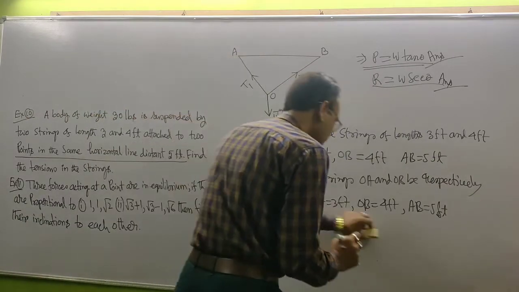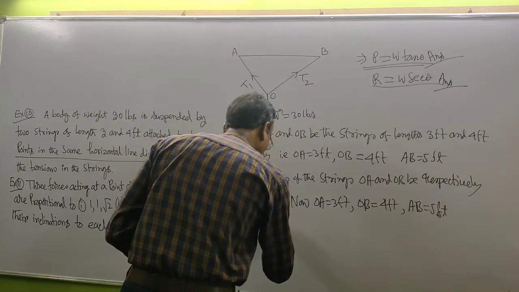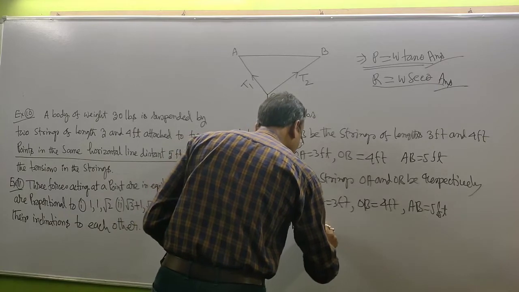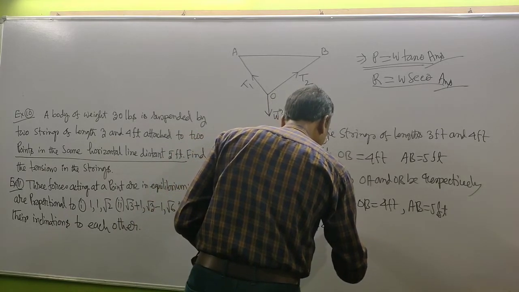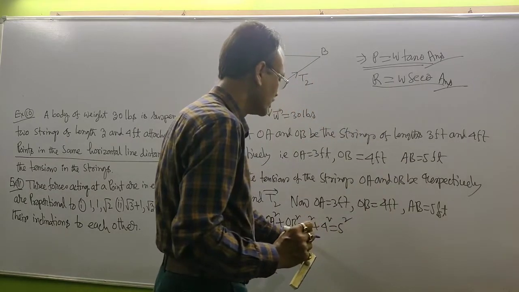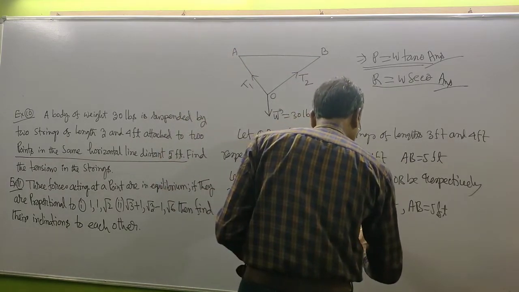OA square plus OB square equals 3 square plus 4 square, that is 9 plus 16, 25, equal to 5 square, which is equal to AB square.